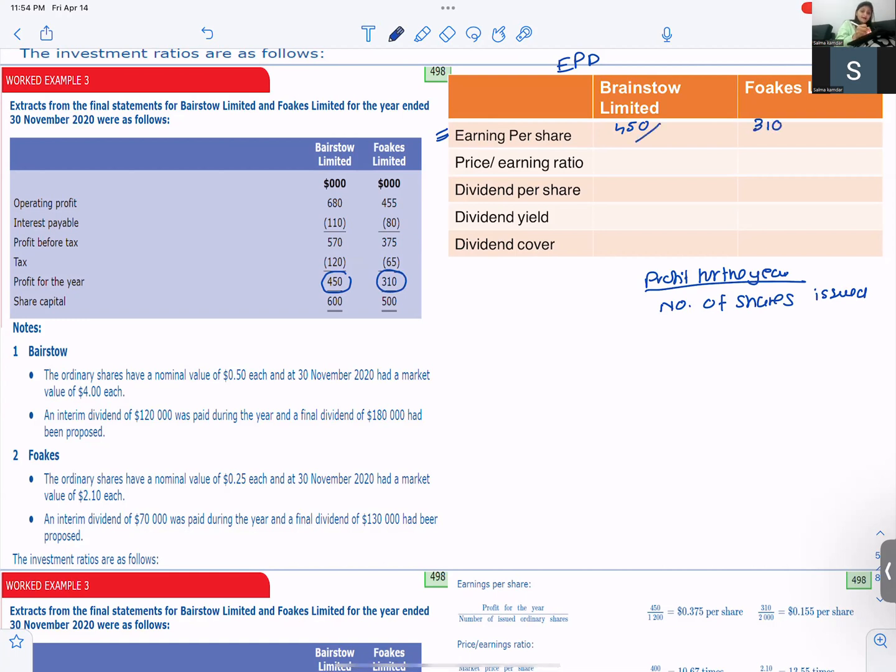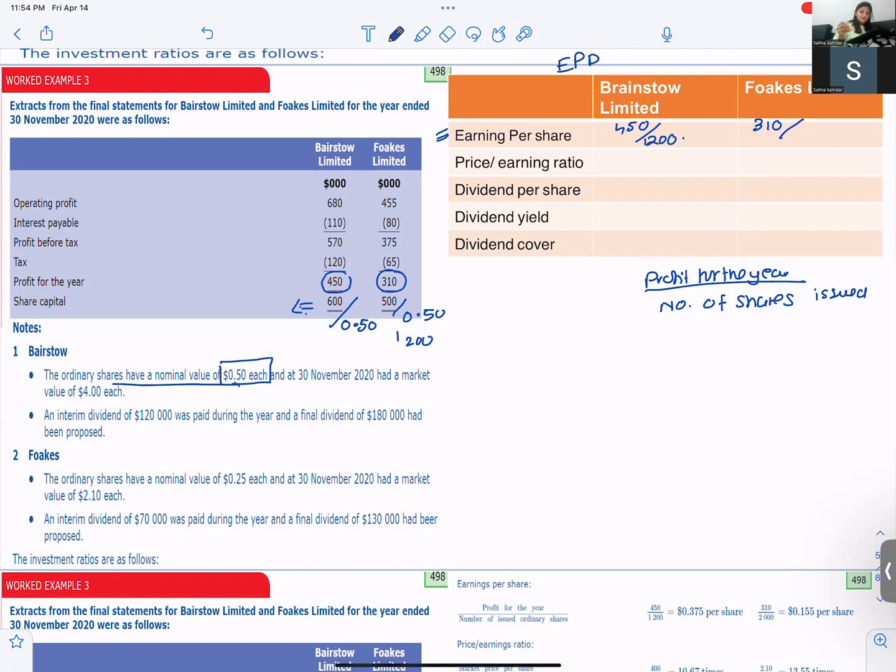This is divided by the number of shares that you have issued. So let's see what is the number of shares that I have issued. The ordinary shares have a face value of 0.50 each. So the share capital divided by the face value will give you the number of shares. So for Grain Straw Limited, 600 divided by 0.50, we have issued 1,200 shares.